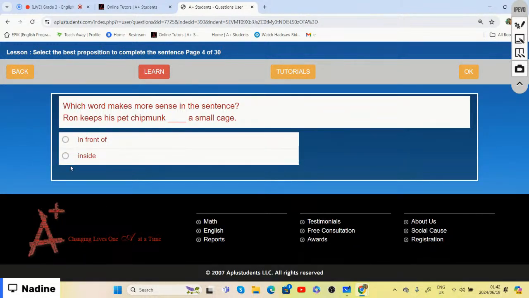Ron keeps his pet chipmunk in front of a small cage or inside the small cage. Do we say in front of a small cage or do we say inside a small cage?